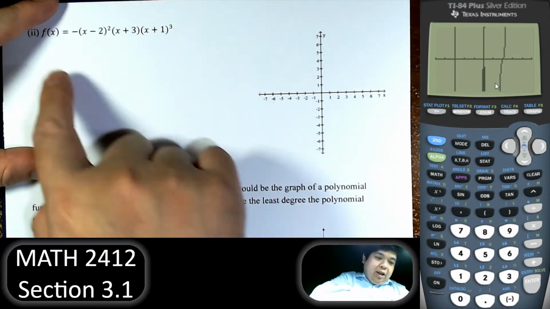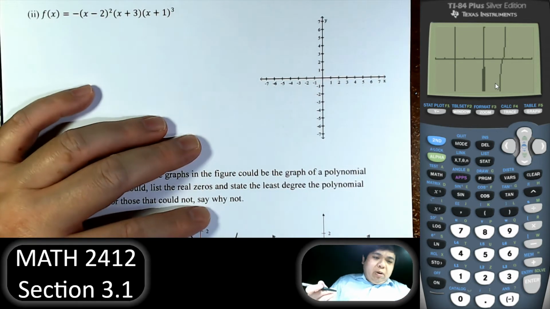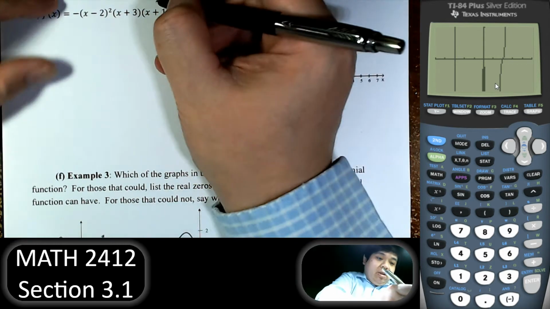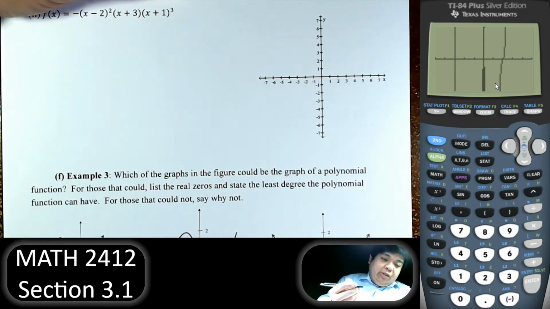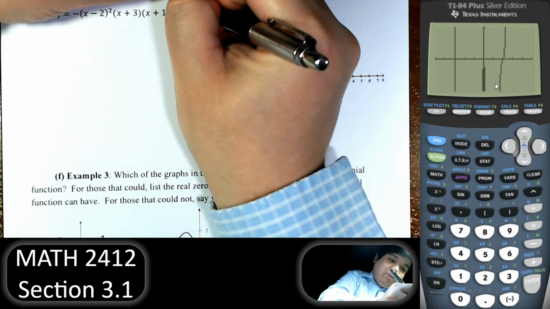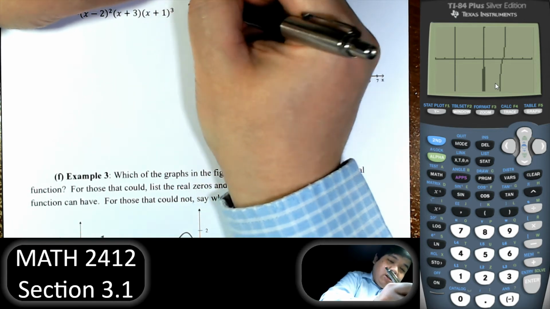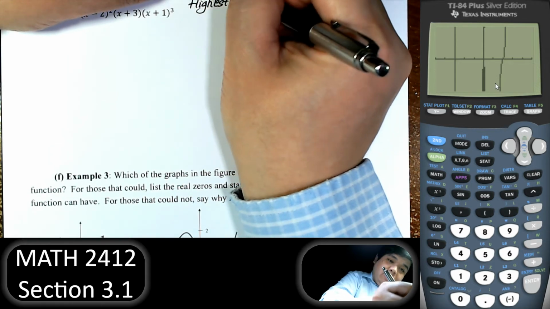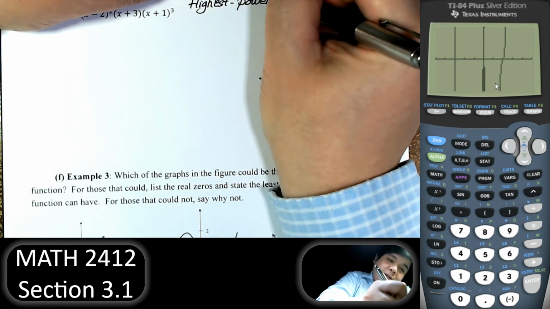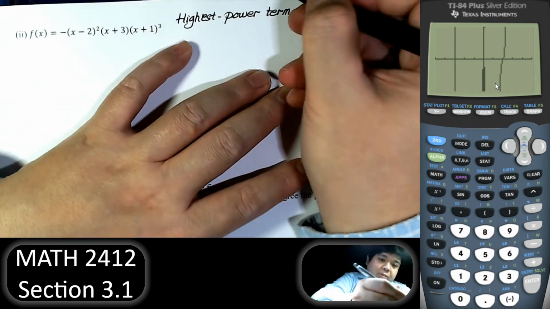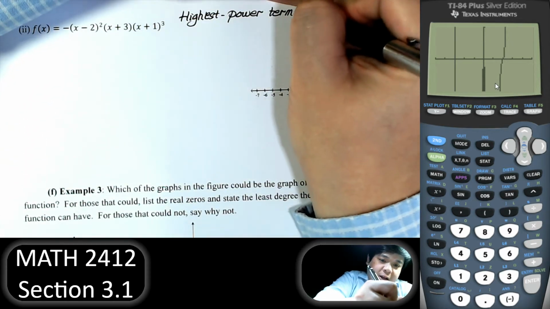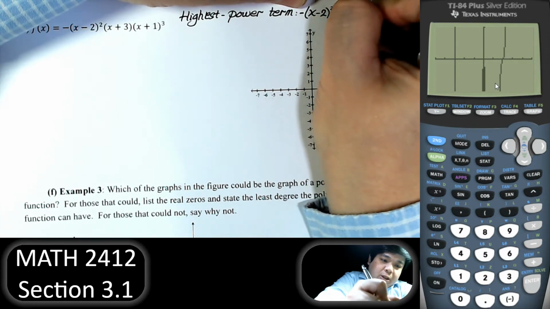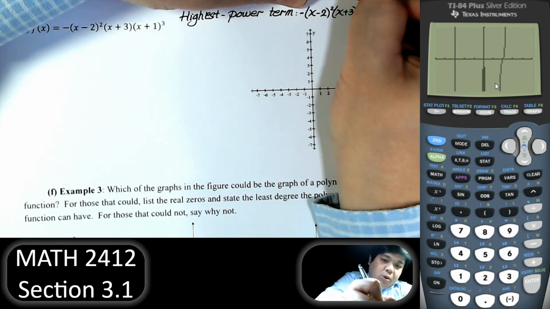Now, let's look at this. So, of course, for the zeros, we don't really need to do that, but for later on, for the end behavior, we need that. So we still have the highest power term, still need to write that out. The highest power term. Negative x minus 2 squared, x plus 3, x plus 1 cubed.